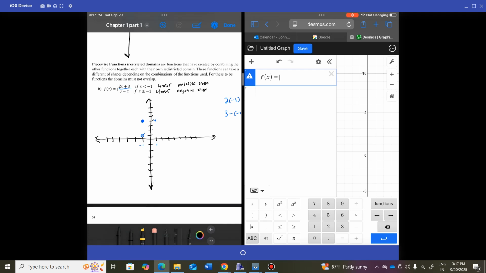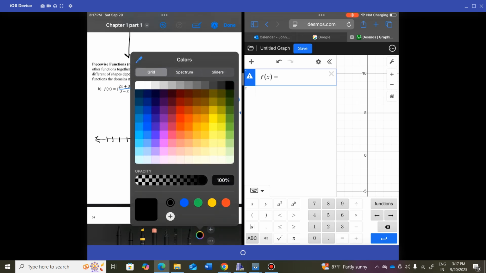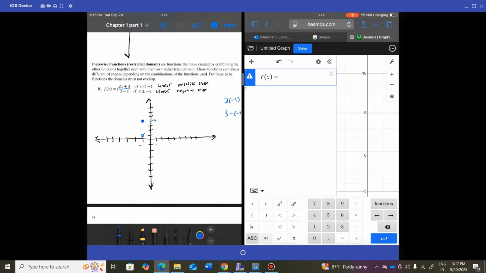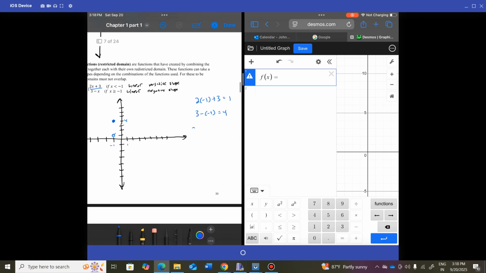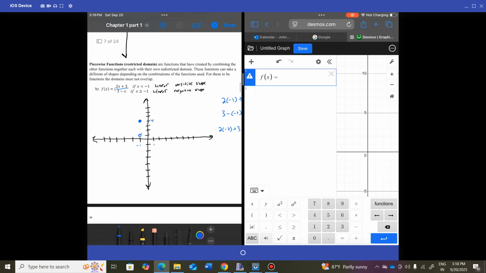Top one starts from -1. All the things we plug in have to be less than -1. So we'll have to look at -2. So if we put in -2, 2 times -2 plus 3, we get -4 plus 3, it would be -1. So -2 drops it down to -1.